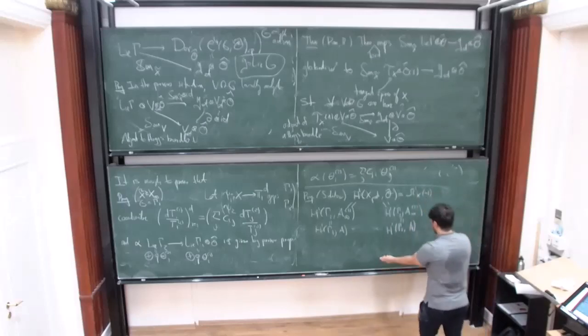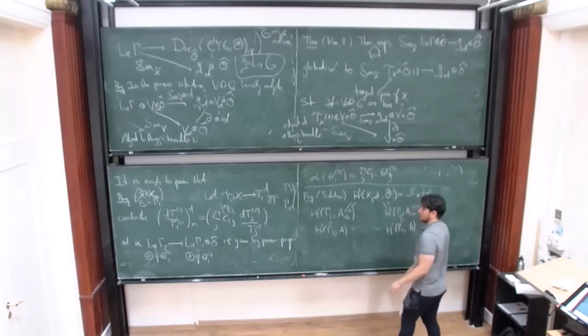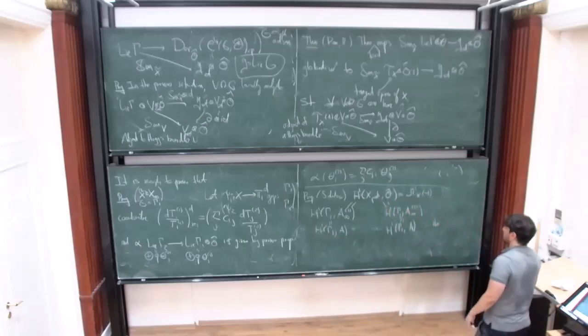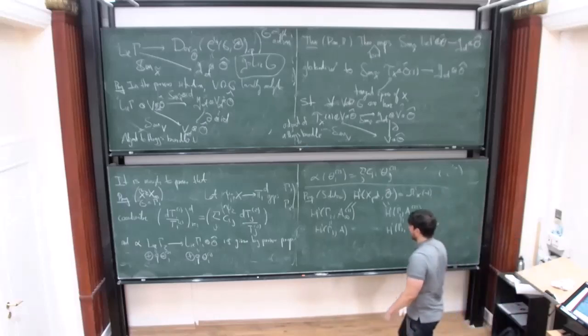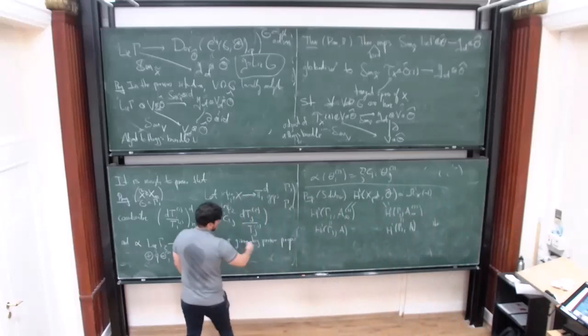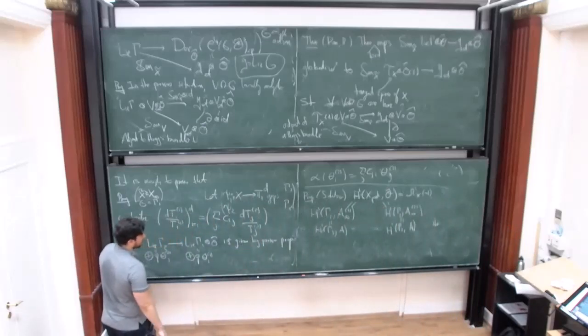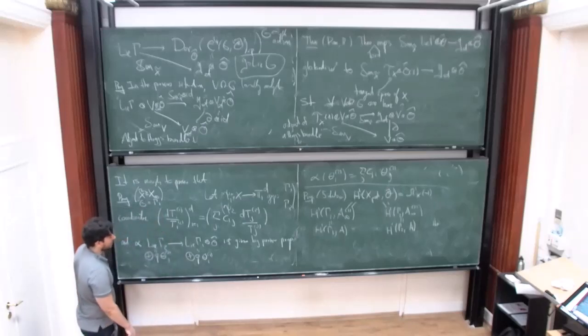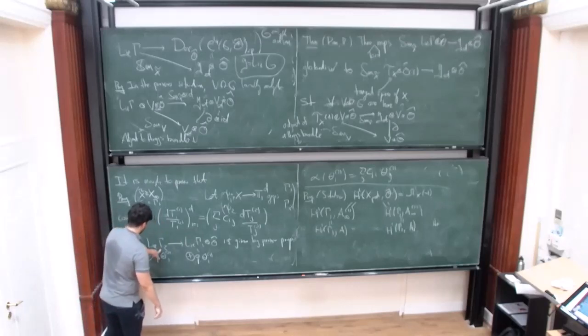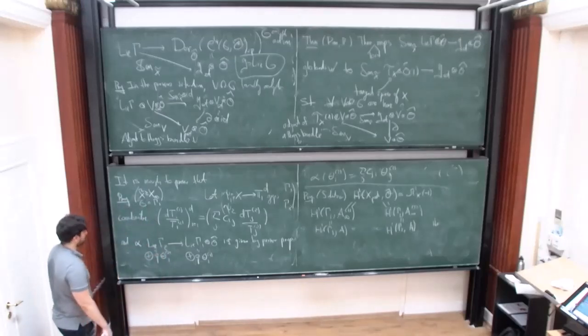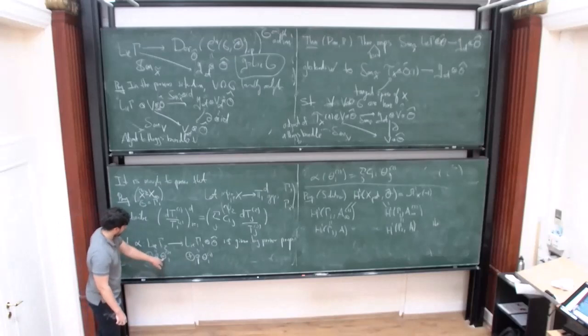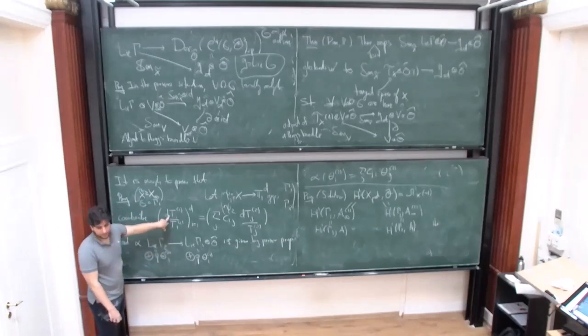So the way you compute these things, the way you end up identifying there is a precise map sending these theta i's to the dual of these guys here.